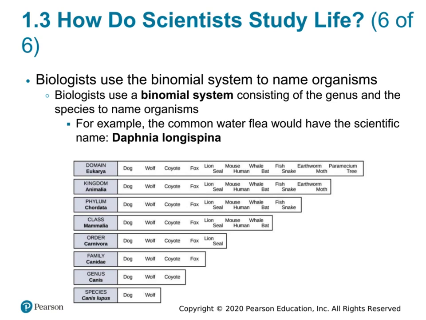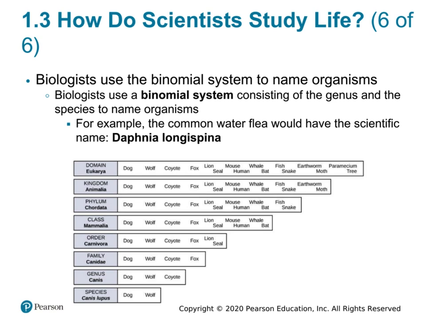So for example, we could look at a dog. A dog is in domain Eukarya because they're a multicellular eukaryotic organism. They're an animal, that's their kingdom, they're not plants or fungi. They have a nerve cord, so they're in phylum Chordata. They have mammary glands, so they're in class Mammalia. They're carnivores, so they're in order Carnivora.